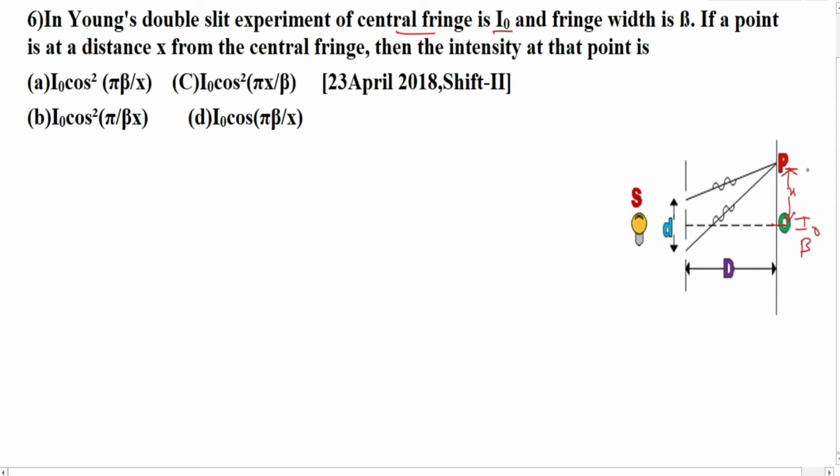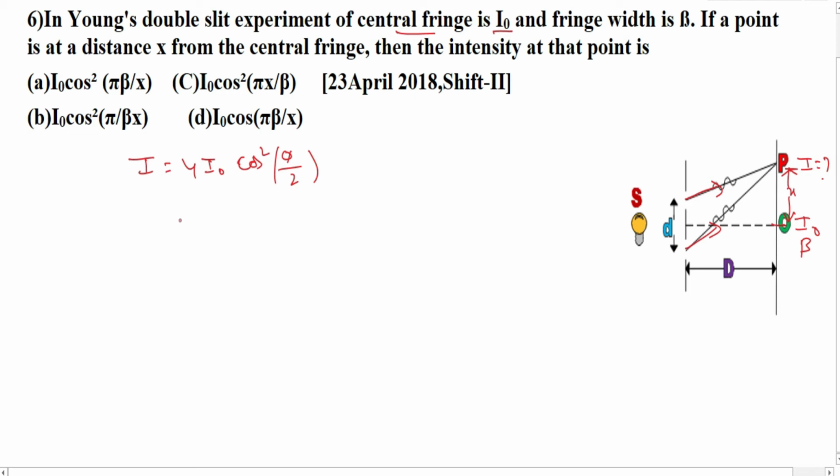The intensity at that point is, now you have to calculate the value of intensity at the point P. Now we know that the formula for resultant intensity formed by two coherent sources of same amplitude is given by I is equal to 4I naught cos square phi by 2, where phi is the phase difference between waves coming from these two slits.